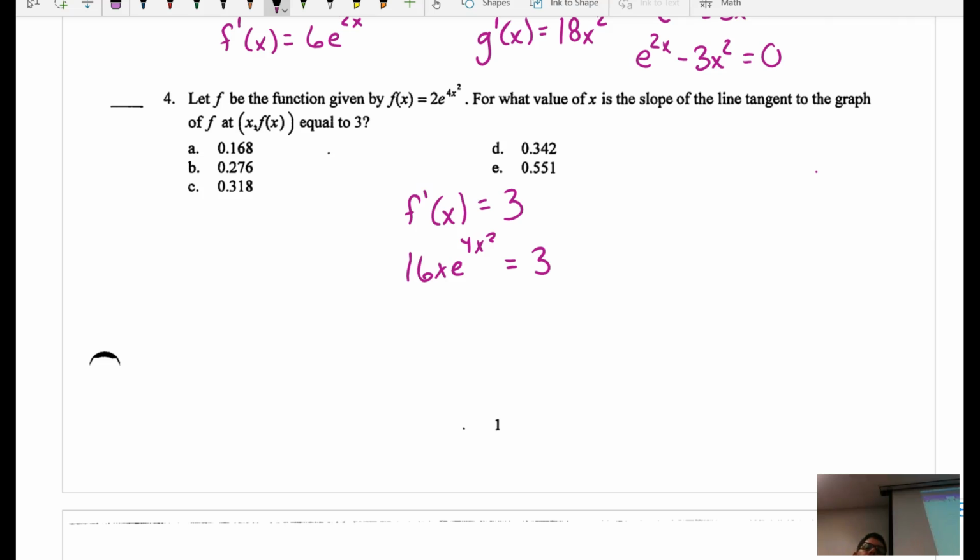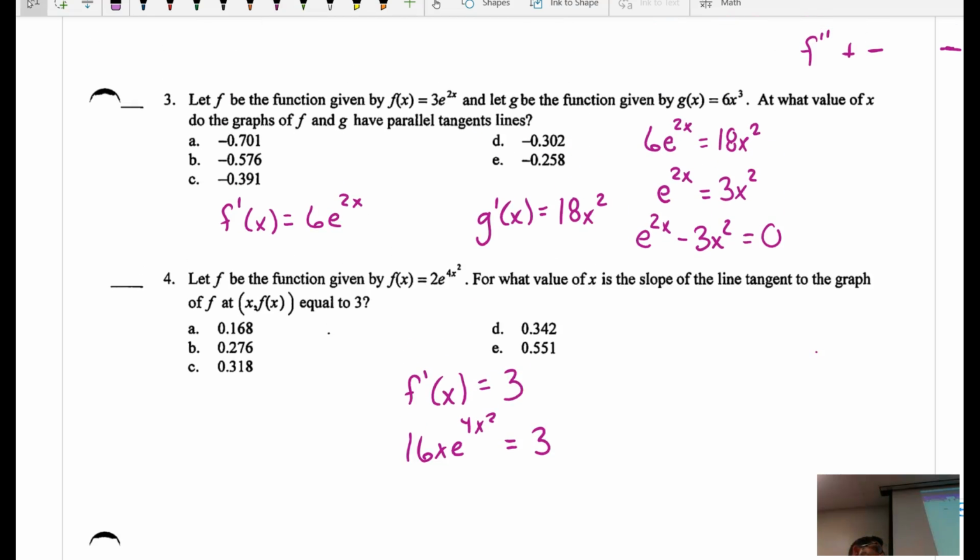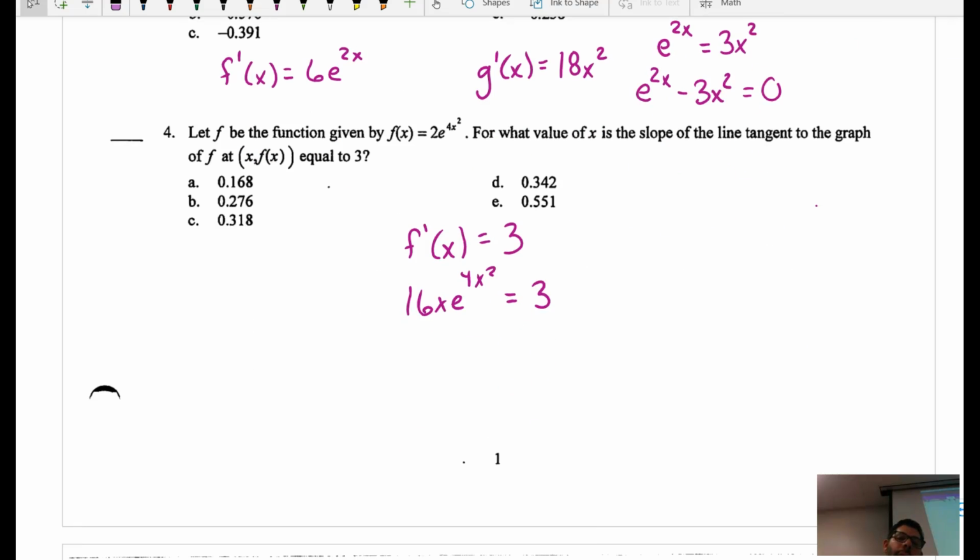In this case, where I really wanted to use that method of having one side of the equation equal to 0 was the problem before, because I had a function on both sides with changing y values on both sides. Do I know what y value I want to see for this question? I want to see a y value of 3. So there's not that same kind of ambiguity about what y values these functions are intersecting. These functions are intersecting at a y value of 3. But what Laquavius is saying is not wrong. We also could use that method as well.